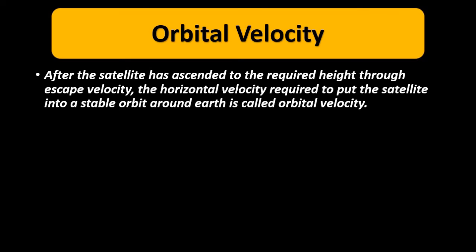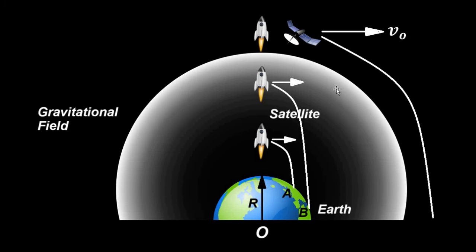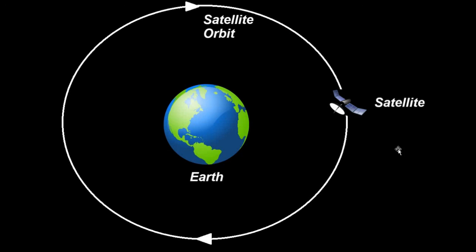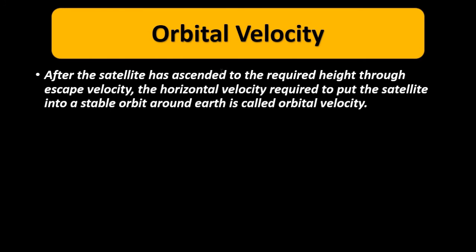This ensures that the satellite does not hit the Earth's surface and it orbits around the Earth at a considerable separation distance, and that horizontal velocity, which ensures that the satellite orbits around the Earth in a fixed circular path, is called the orbital velocity.